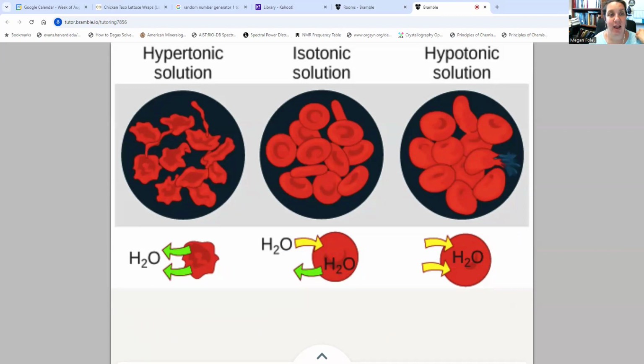And then if we have red blood cells within a hypotonic solution, then we are going to get more water going into the cell than leaving the cell. In the case of a hypertonic solution, we can get crenation. Really kind of shrink up, and hypotonic, we can get lysis, hemolysis, breaking or bursting of those cells because of how much water is being flooded into those cells.